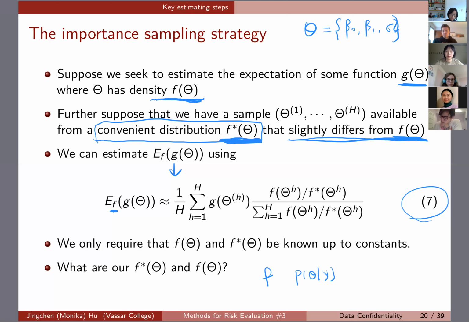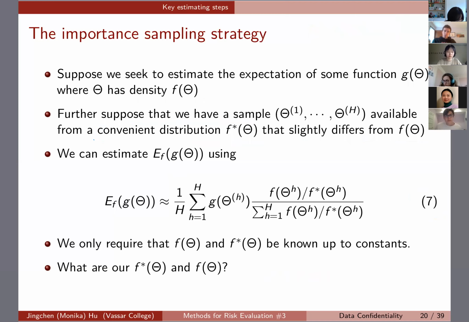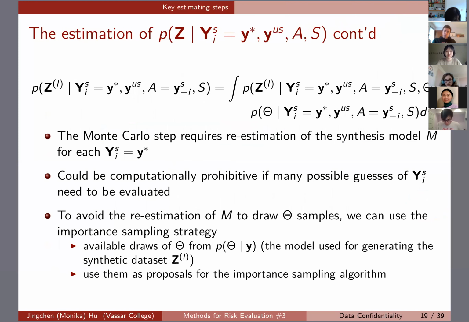This is in the general sense. And the f theta is the one that we're trying to estimate, right? I should say the one that we know g theta is going to follow, which is the density it has, but it's unknown. So we're trying to use what we call an importance sampling strategy here to get a good approximation. So let me come back to the previous slide because I think that probably helps here.